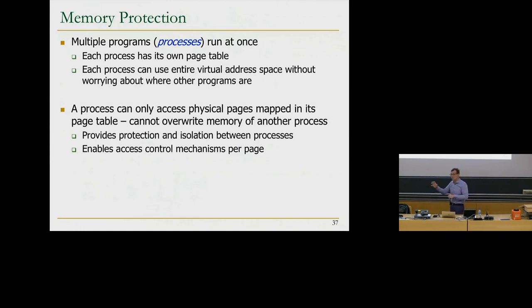For example, there are part of the operating system pages that can be mapped to the virtual memory of a process, so that the process can write something to that page and the operating system can read it, or vice versa.